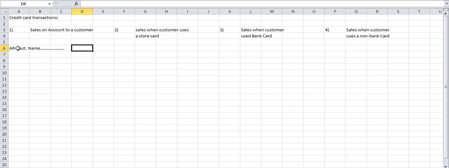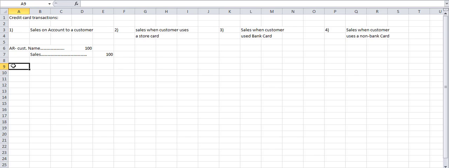Let's just pretend we have a $100 sale and we would credit sales. This transaction comes about just as if a customer calls you up, or another company calls you up and wants to buy something from you, and they just say, hey, can you bill me? Can you invoice me? And this transaction gets created from that environment.